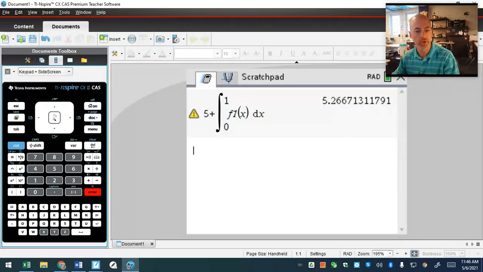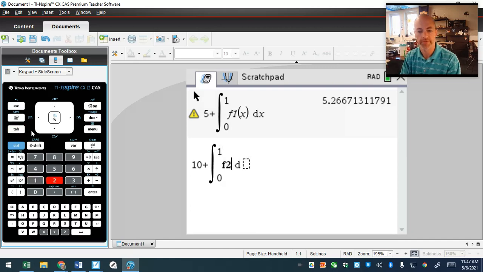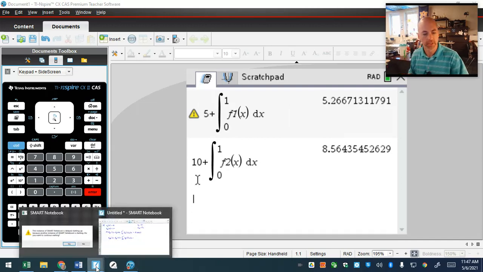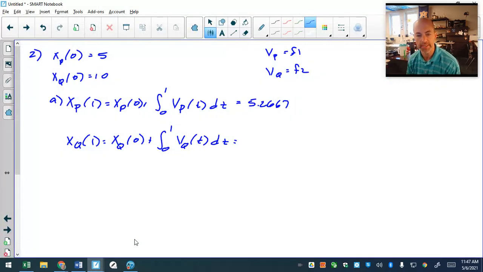And then for Q, same thing, except it's 10 plus, and we'll use F2 instead of F1. F2 of x dx, get that decimal answer. 8.564. So there are your positions of P and Q. Very predictable. Nice questions. So on to part B.